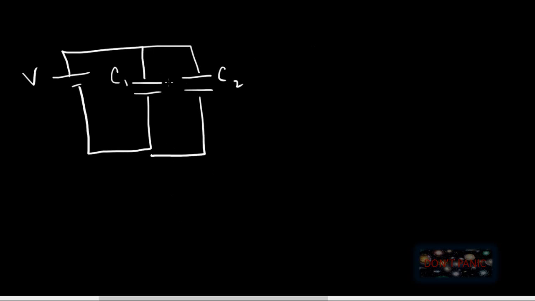Since these two capacitors are connected in parallel across the battery, they're going to have the same voltage across them. So in a parallel circuit, the voltage across parallel branches is the same.